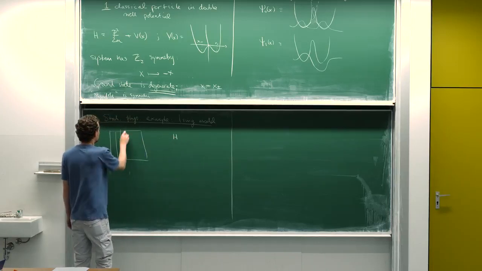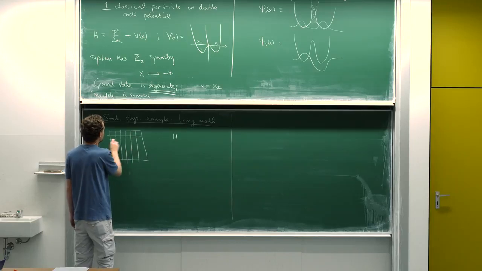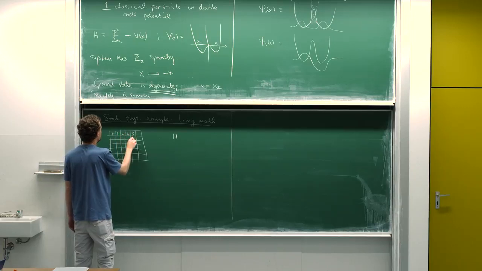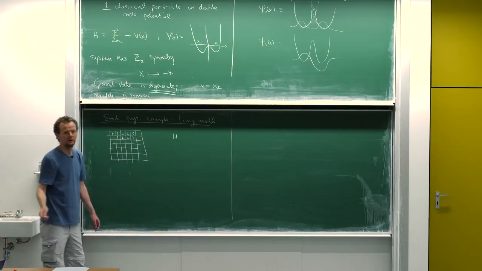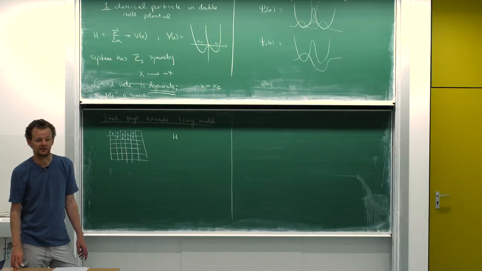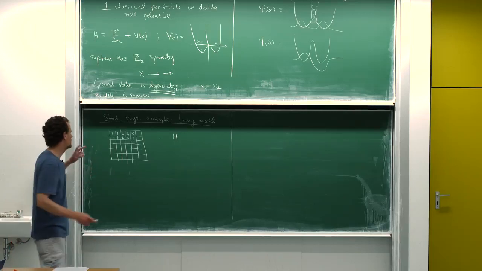So what the Ising model pertains to is a grid of spins that can either point up or down. It's a classical model, so the spins point either up or down.